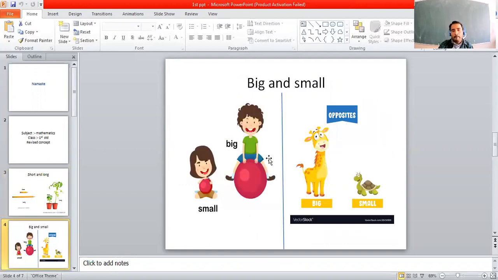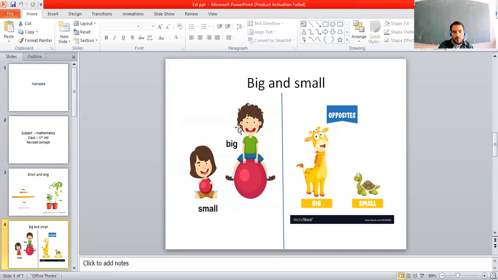Now go for big and small. Now look at that. So big and small, how do you spell big? B I G. So it is big. And how do you spell small? S M A L L. So it is called small.